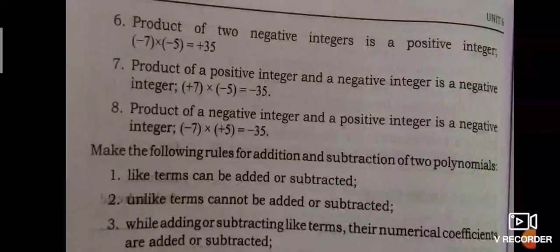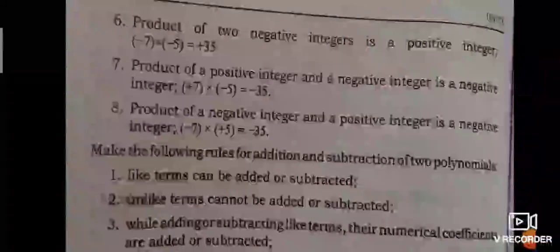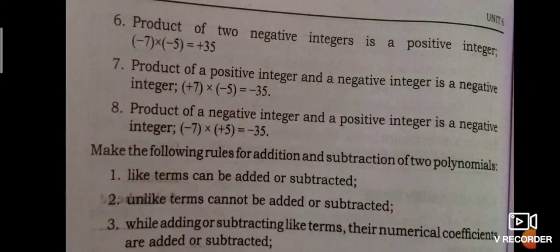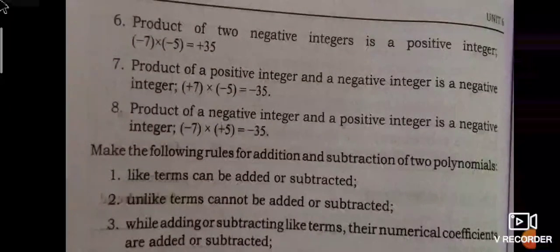Therefore, the product of a positive integer and a negative integer is a negative integer. Next one is the product of a negative integer and a positive integer is a negative integer. Minus 5 into plus 7 is equal to minus 35.